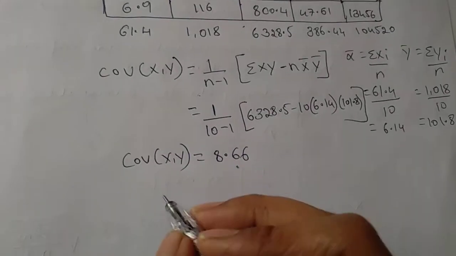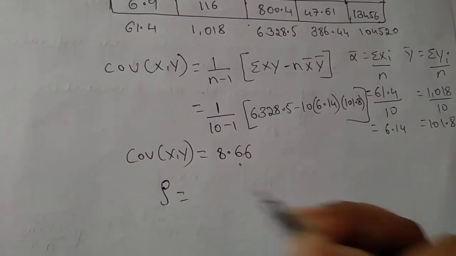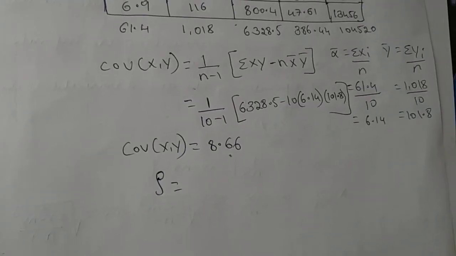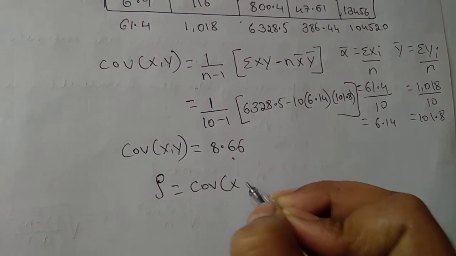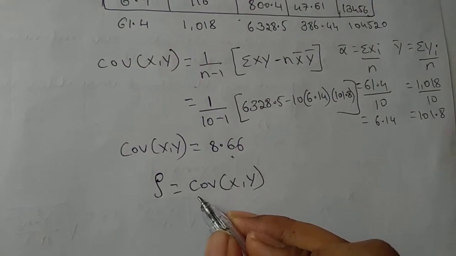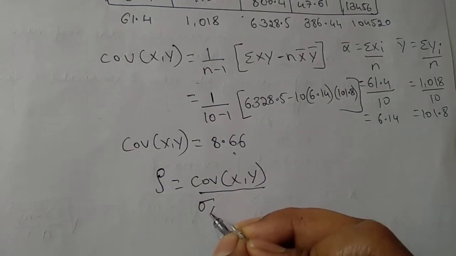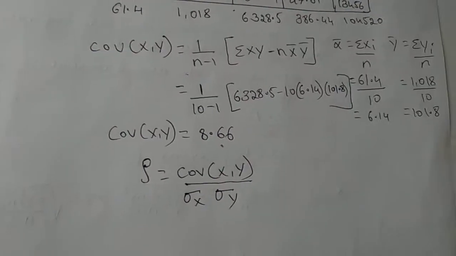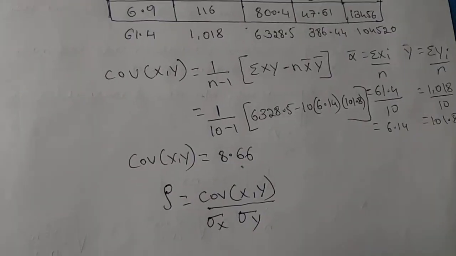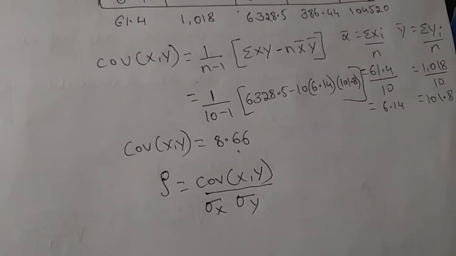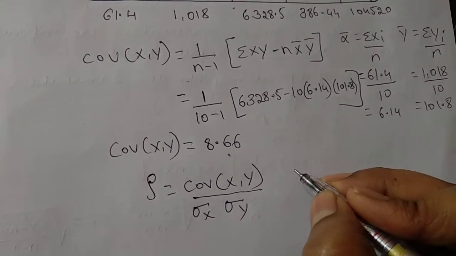Now I need to find out the rho. In order to find out whether it is dependent or not, I have to find out rho, that is covariance of xy divided by sigma x and sigma y. In order to find out this rho, I need to find out sigma x and sigma y. So what is the value of sigma x?